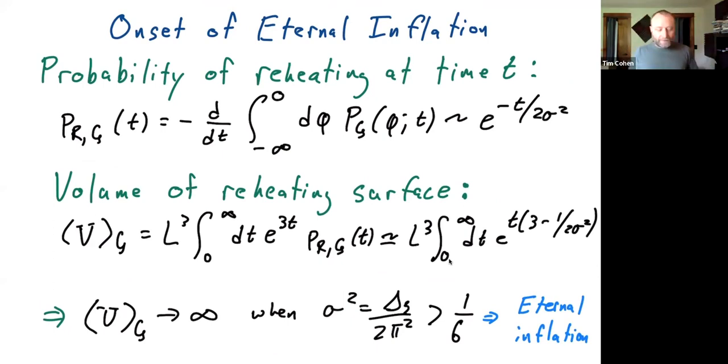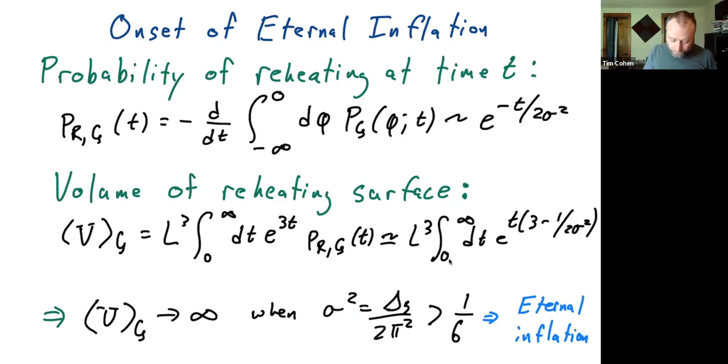I'm rushing. In the last slide, we set the reheating surface to be 0. We use the method of images to get a solution so that the field vanishes at 0, and this just gives us the probability of reheating. As time goes to infinity, in the Gaussian theory, basically everybody reheats.